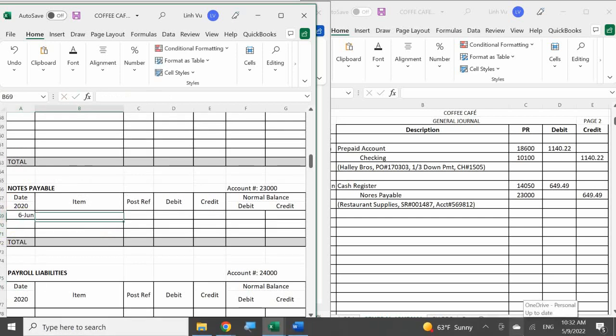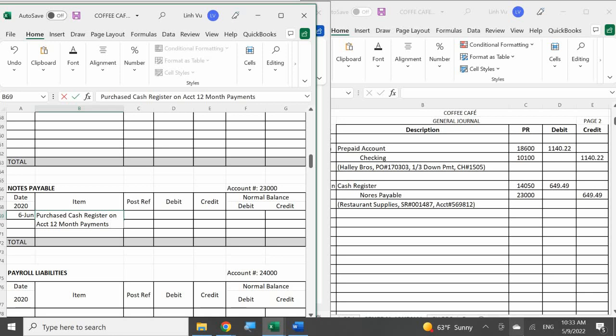Okay, so you can write here, purchased cash register on account, 12-month payments. Okay.